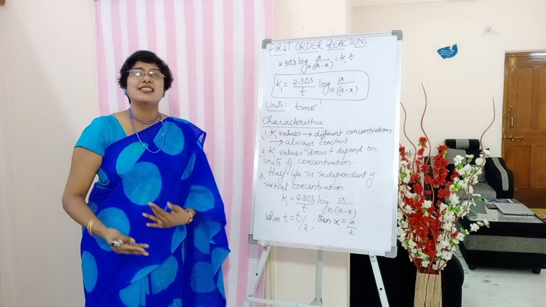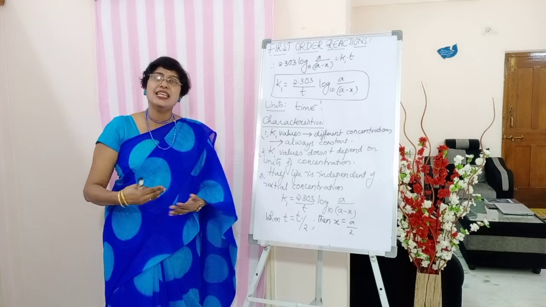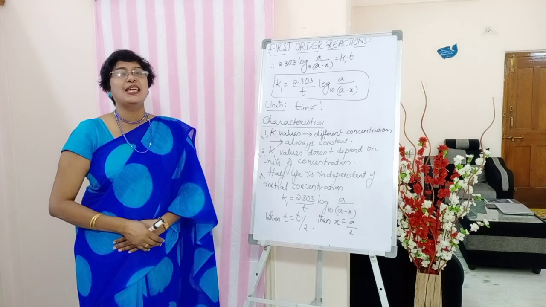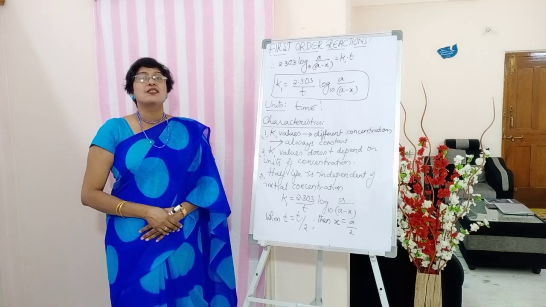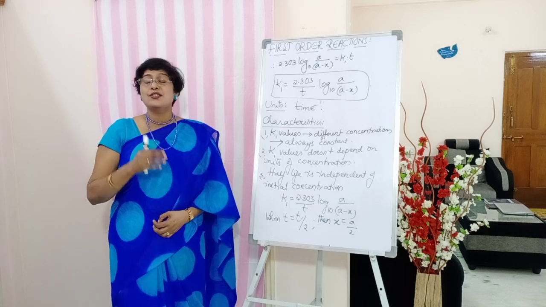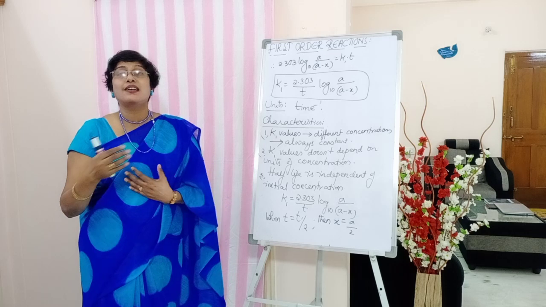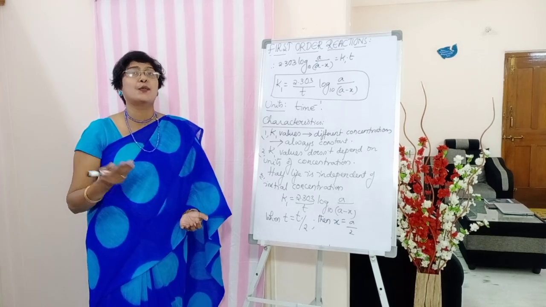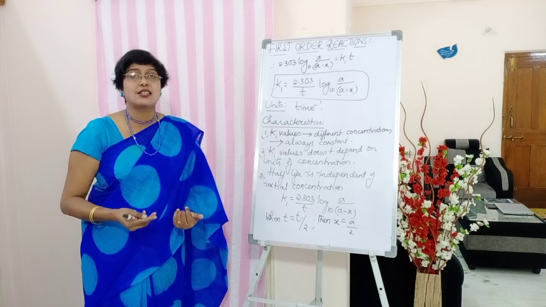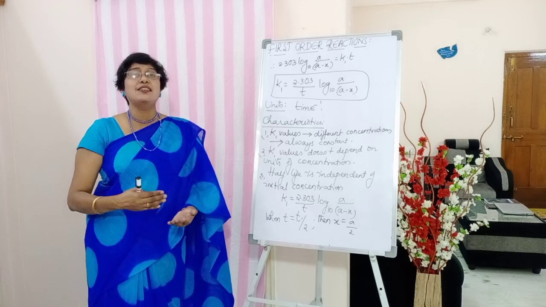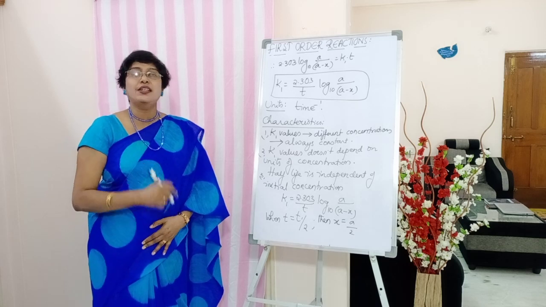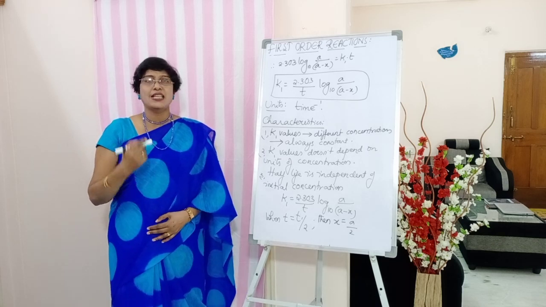So both get cancelled. What is remaining in the denominator? Time. So it comes up as time inverse. You should be careful, it depends upon the time given in the numerical, seconds or minutes or hours. If it is seconds, then write seconds inverse, minutes inverse, like that. So units of k1 are time inverse.